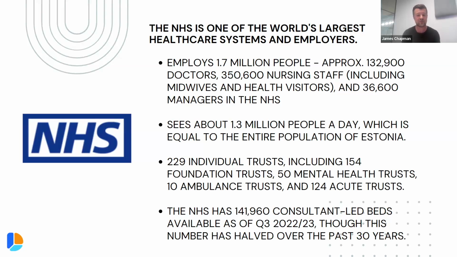And obviously, we all know that there's a shortage on the supply side, from the ability to see people to long waiting lists. This is because we've got a lot of people needing access to the NHS, but there are only around 140,000 beds available at any point in time, and that has actually halved over the last couple of decades.